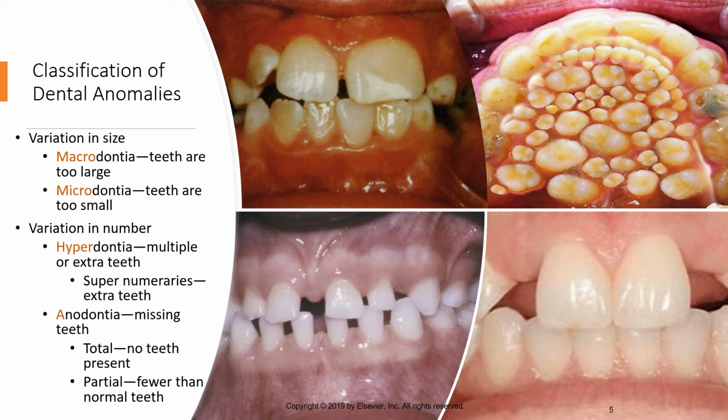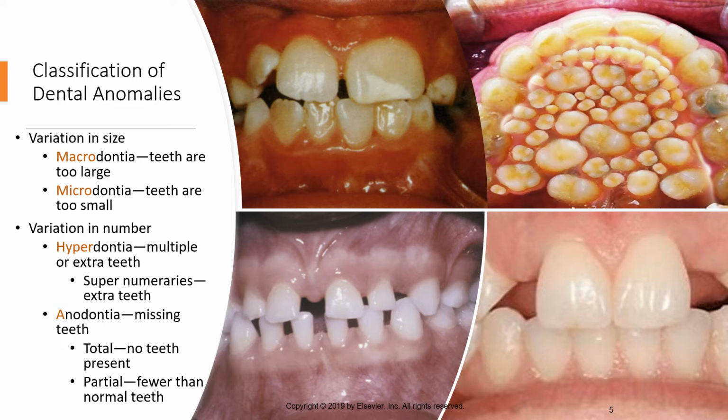So let's start getting into what some of these anomalies are. And anomalies, I think, are kind of fun to study because you see all these different things that can happen. All right, so the first one we're going to talk about is macrodontia. And if you remember, I talked about this, I believe, in the last video in chapter 6. Macrodontia is where the teeth are abnormally large.